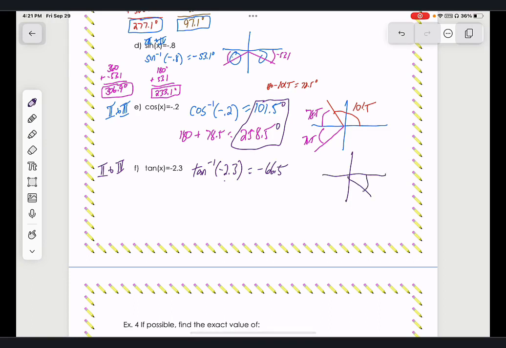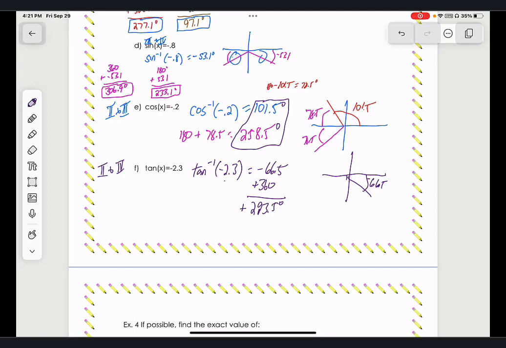That's our angle here. And now we have to put it into the right format. So it's in quadrant 4, so we're going to add 360 to it. So we'll just do plus 360, and that gives us 293.5 degrees. So that's our first angle.